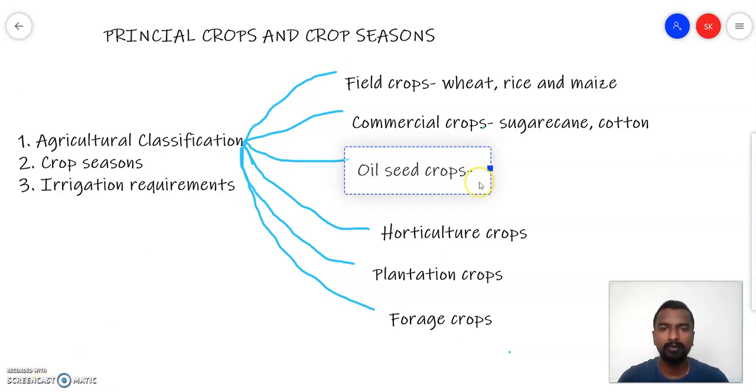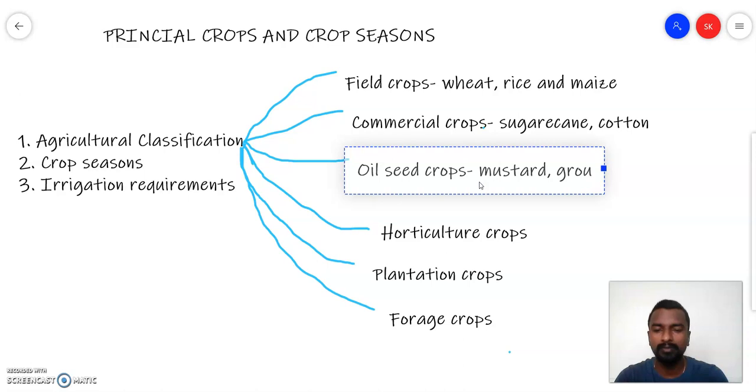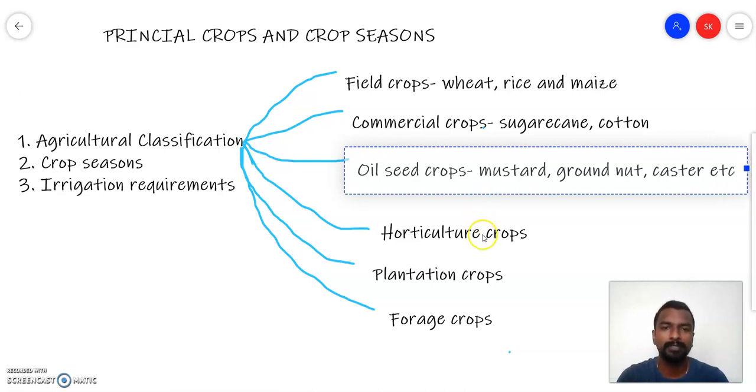The examples are mustard, groundnut, and even castor. There are different kinds of such crops which come under oilseed crops, through which we can produce oil.